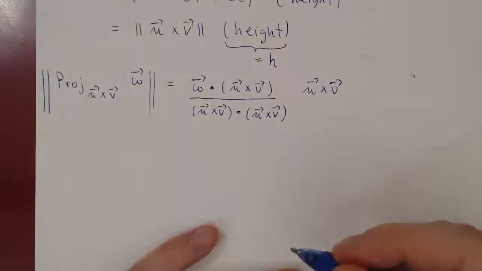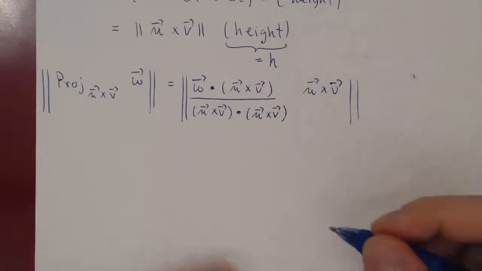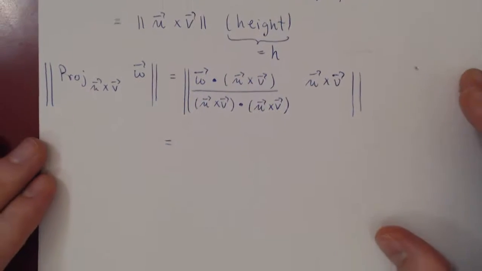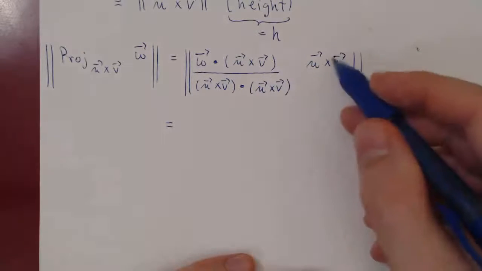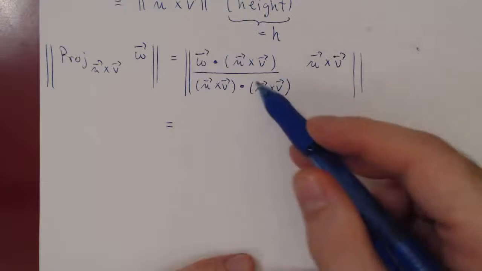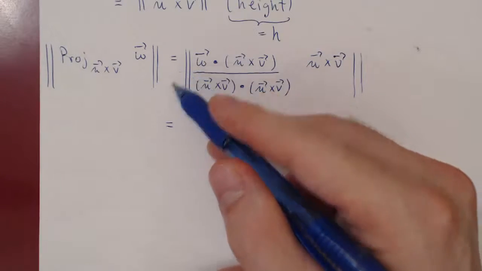The norm of the projection of w onto u cross v is the height of our solid, and that is the norm of this vector. Well, we can simplify quite a bit because this is just one big scalar multiple of this vector. So we know we can move a scalar multiple outside the norm and put it in absolute value.